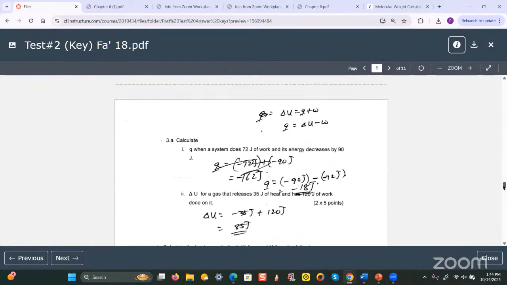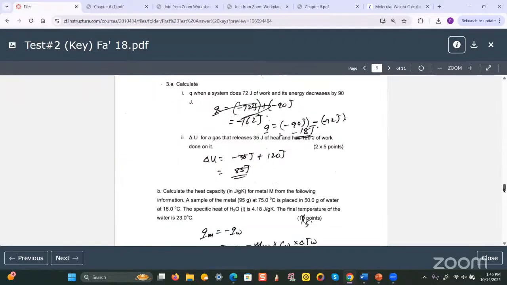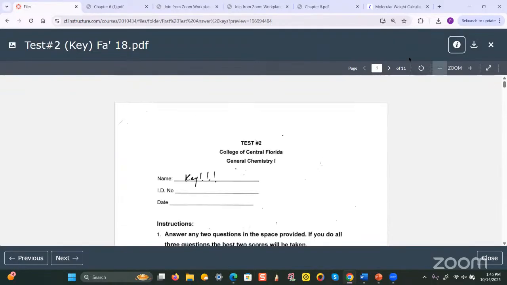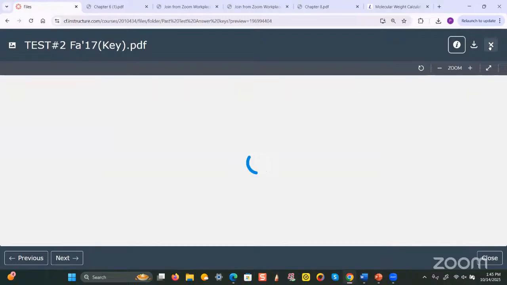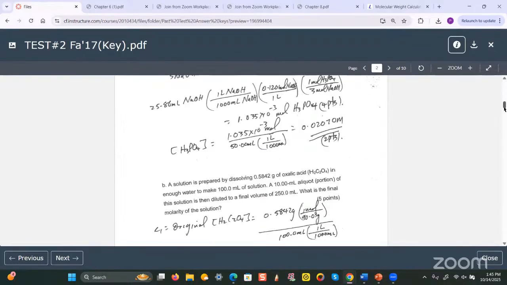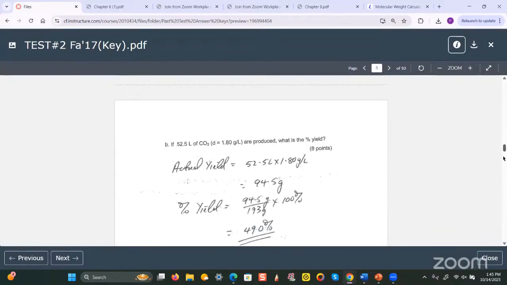Now this one has what we just covered, which will not be on the test. Question 3 here, dealing with thermochemistry, will not be on the test. But apart from that, let me see, that's published. This one here I would strongly recommend that you check out.